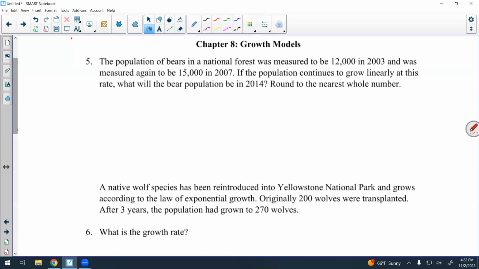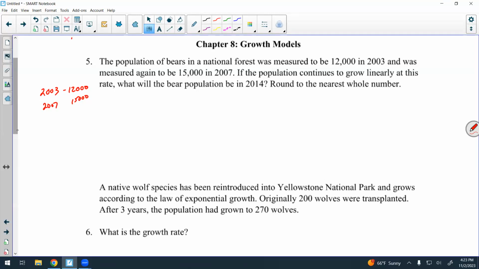Growth models. So the population of bears in the national forest was measured to be 12,000 in 2003. I'm having a feeling of deja vu. And it was measured again to be 15,000 in 2007.